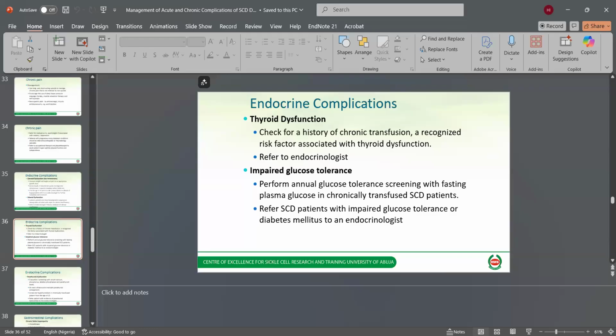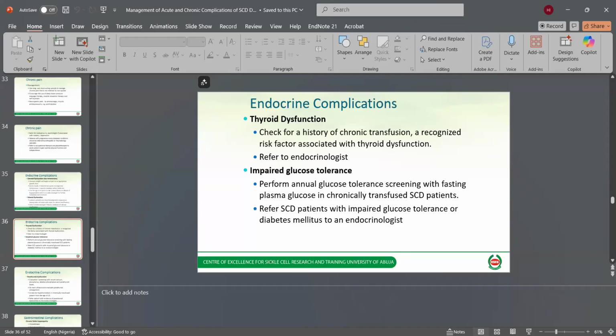For affectation of the thyroid, if there is thyroid dysfunction, check for a history of chronic transfusion, which is a recognized risk factor associated with thyroid dysfunction, as we mentioned earlier, and refer to endocrinologists.